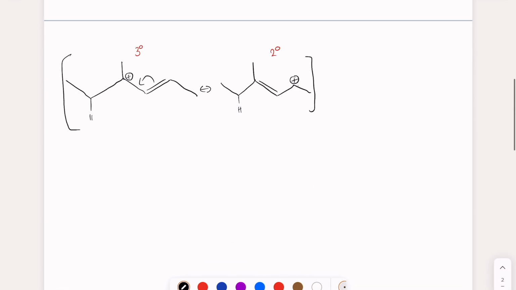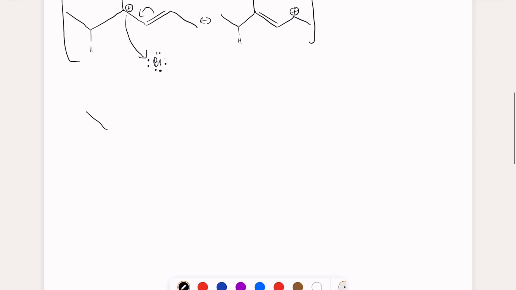So the positively charged carbon is going to attack that bromide, leaving you with this as one product.